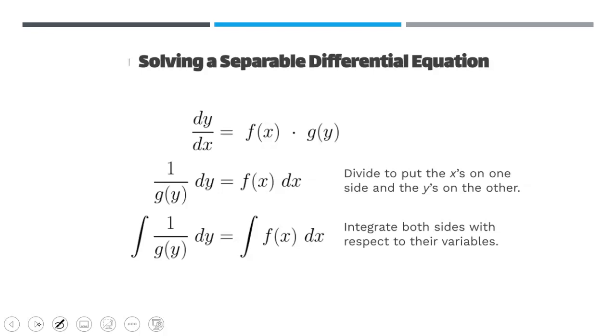You need to get the y's with the y's and the x's with the x's. So this is where we would divide by g of y and multiply by dx, because you must match your variables to their constants of integration. You cannot take an integral if the constant of integration is not with its value.